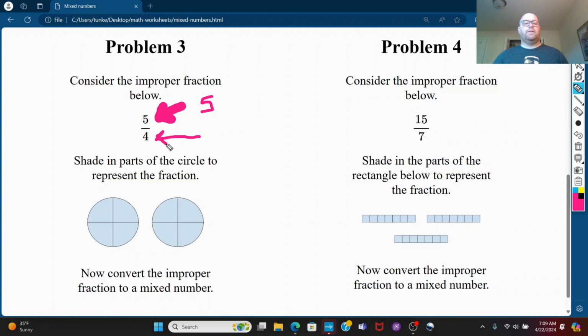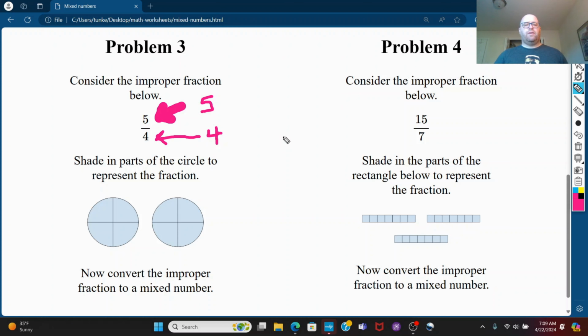The denominator is 4. And if you're unsure about improper fractions, I'll leave a link to a video in the description below so you can check that out. But basically, the numerator, if it's equal to or greater than the denominator, it is an improper fraction. Since 5 is greater than 4, we definitely have an improper fraction here.